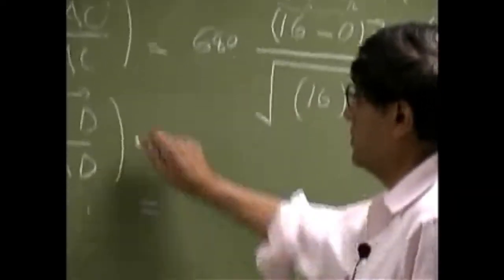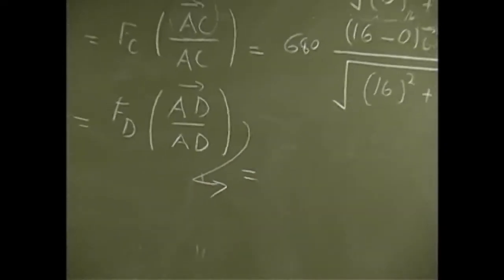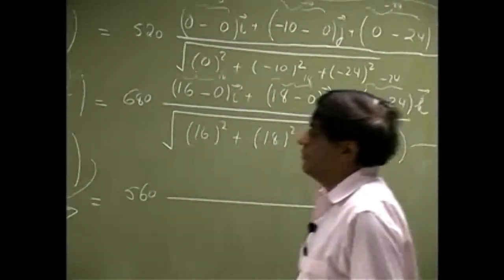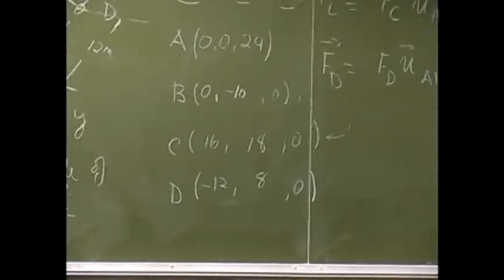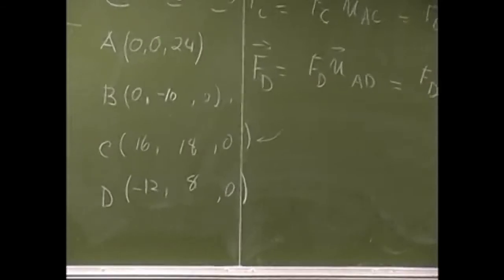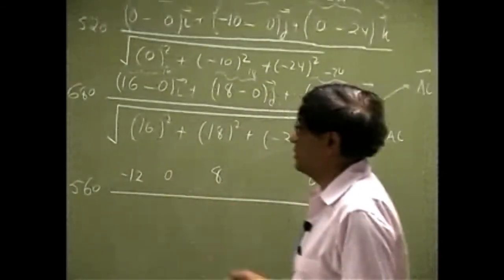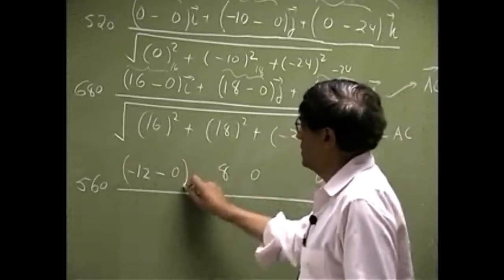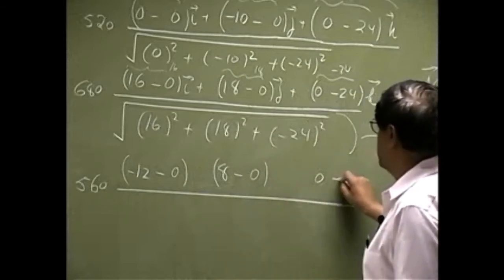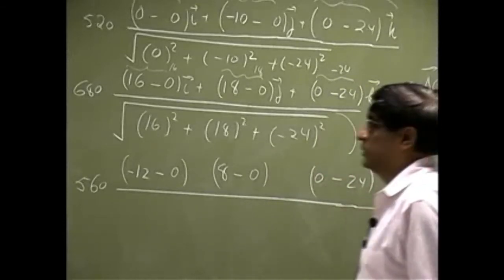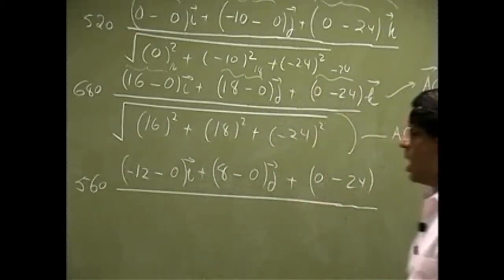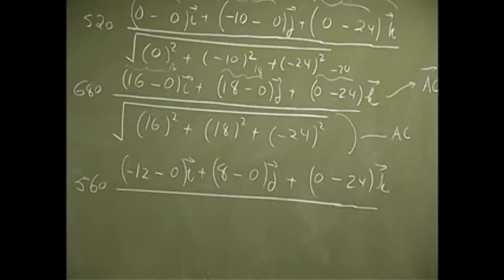Then we're going to do the same thing for the third one. We're looking at the magnitude as 560. This time we're going to take the coordinates of point D. So you're looking at -12, 8, and a 0. A is the same, so you go 0, 0, 24. Subtract this, subtract this, subtract this, and then multiply by unit vectors i, j, and k.